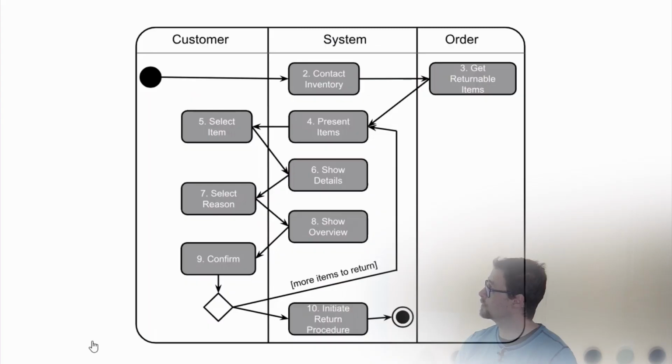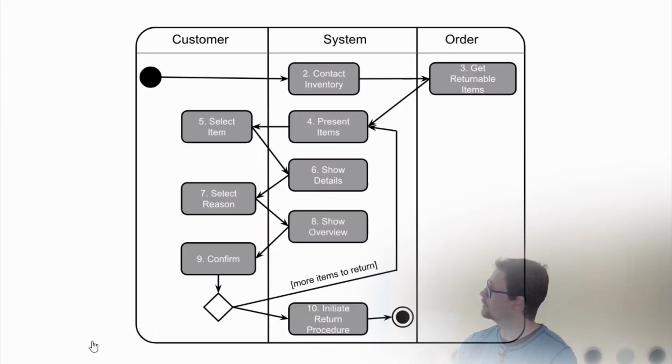Then we have a lane for the system, what the system does, and we also have a lane for this supporting actor, the order system, what it is supposed to do. And we basically map the steps of the use case to the different actors, and we map out the flow between them.